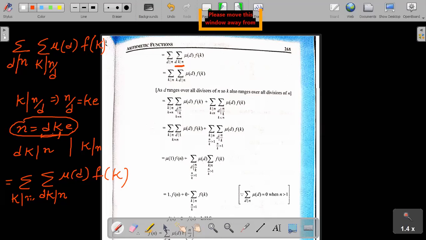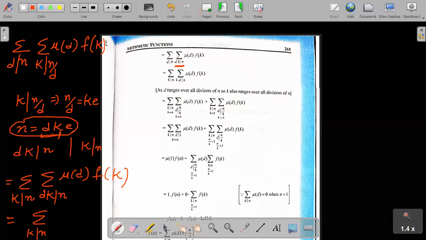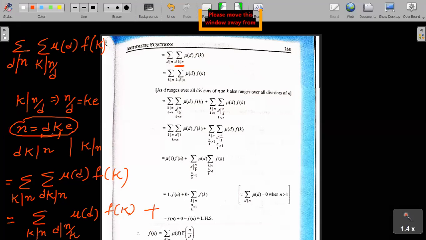One possibility is that k is equal to n. अब देखो किसी भी नंबर के डिवाइसेस कौन से होते हैं? वो या तो इसके इक्वल होते हैं या उससे छोटे होते हैं. तो हमने क्या किया? इस समेशन को दो पार्ट में ब्रेक कर दिया. k divides n, and this I can write as again d divides n/k. हमने k को नीचे भेज दिया, mu d into f of k, plus I'm writing the same term again, k divides n, d divides n by k, mu d into f of k.